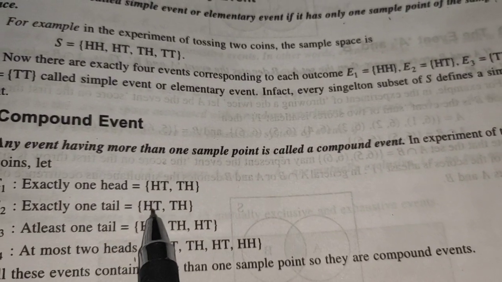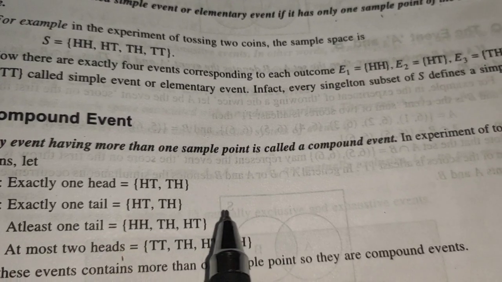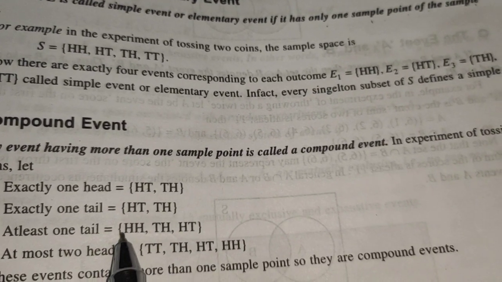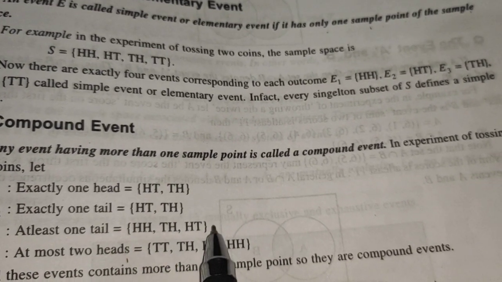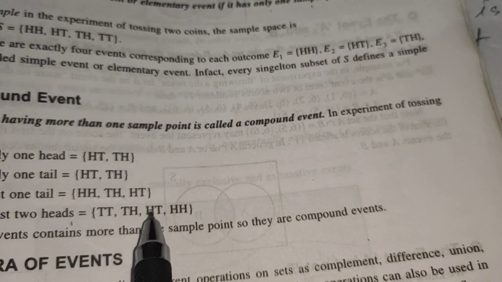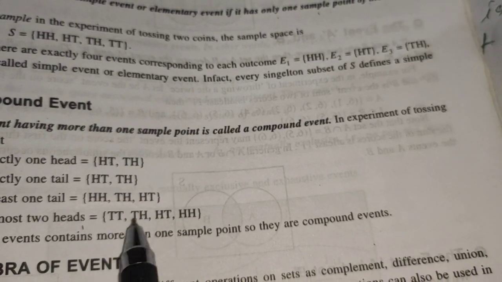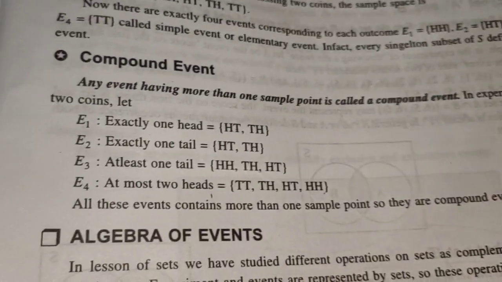Exactly one tail, again TH or HT. At least one tail means minimum one tail, so there will be one tail or two tails. Then at most 2 heads means no head, one head, or 2 heads, that is, maximum 2 heads. So like this we can define.